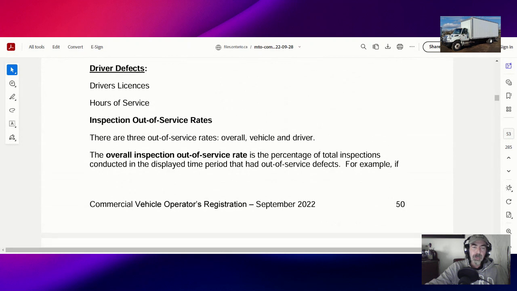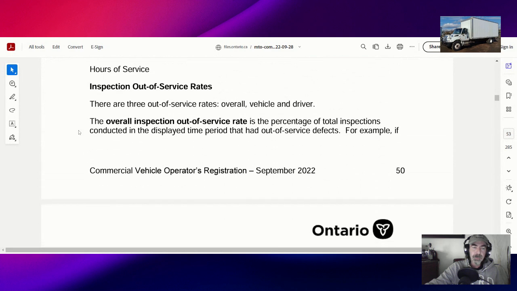Driver's defects: driver's licenses, hours of service. Inspection out of service rates. There are 3 out of service rates: overall, vehicle, and driver.